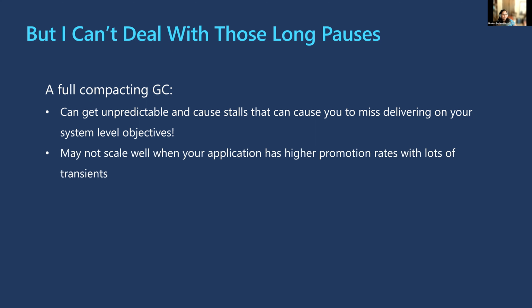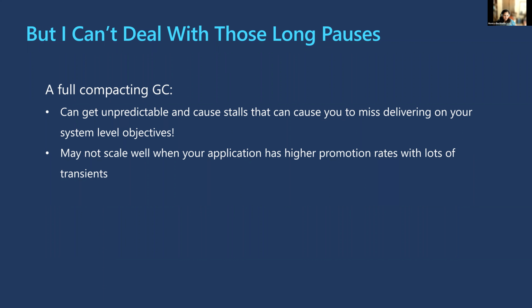And this usually happens because you have higher promotion rates. If your heap size is not that big and you keep on promoting at a higher rate than the GC can keep up with, the young collections see premature promotions, etc. Then you keep on going into these long full gen cycles, old gen cycles. And then you lose your scalability.